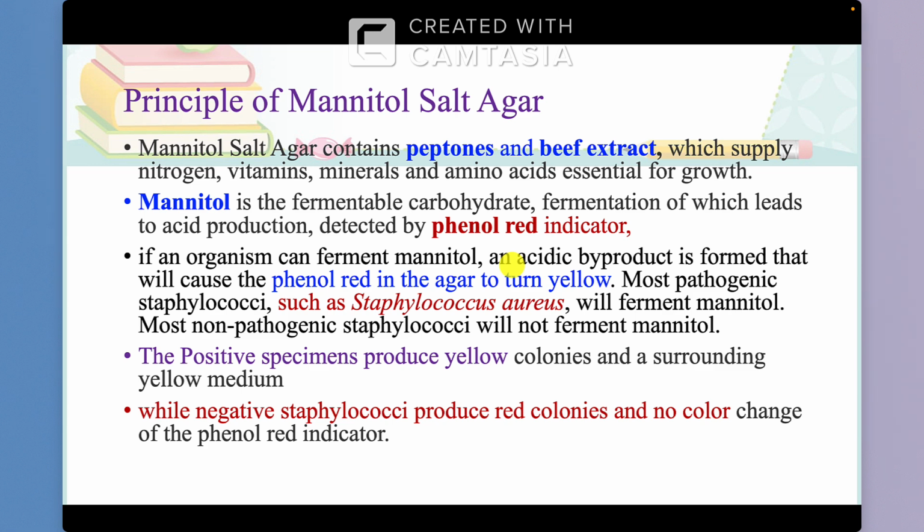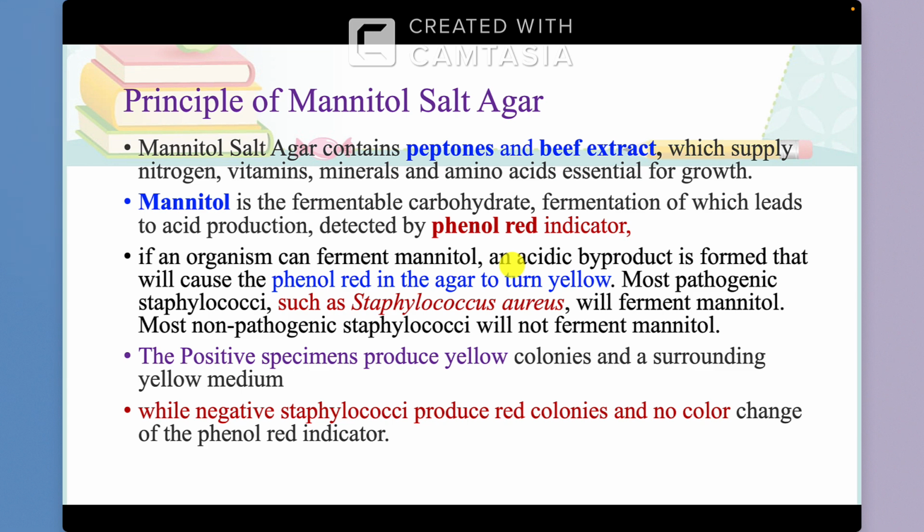If the organism, like Staph aureus, can ferment mannitol, an acidic byproduct is formed, and this will cause the phenol red indicator in the agar to turn from red to yellow. So it is positive for Staph aureus.